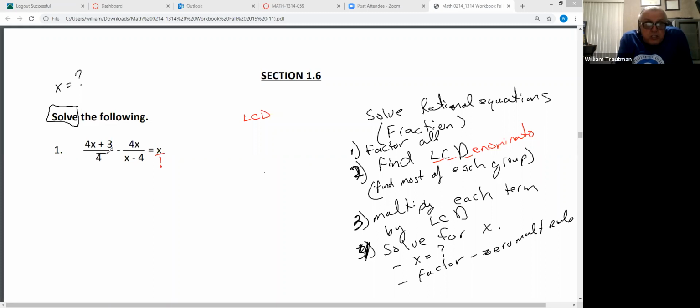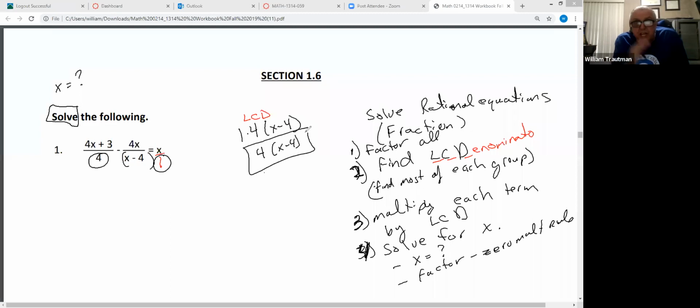So look on this bottom of a fraction, there's a 4. Look at this bottom of a fraction. It's an x minus 4. And this bottom of a fraction is 1, and when you multiply 4 times 1, you still get 4. This is our LCD. So you take each part of the bottom, that is our LCD.